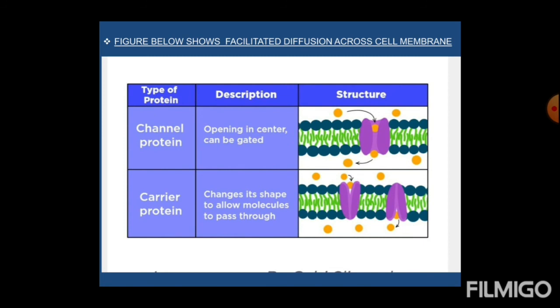So see in the first figure that the carrier protein is carrying an orange colored substance. The orange substance is carried by this pink protein. Now as this orange substance has to be transported across, the carrier protein changes its conformation, or its shape, and the substance is released. Again, that particular carrier protein comes back to its original position. So this is how facilitated diffusion occurs across the cell membrane.